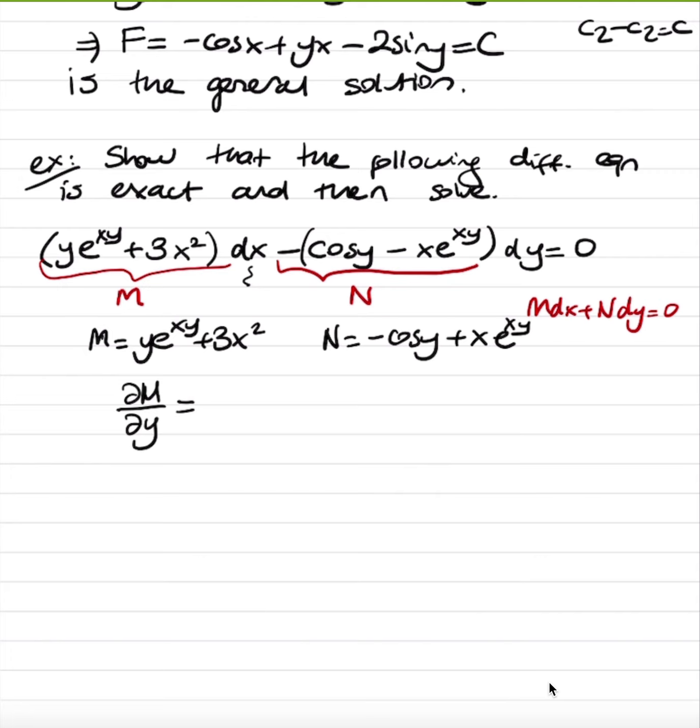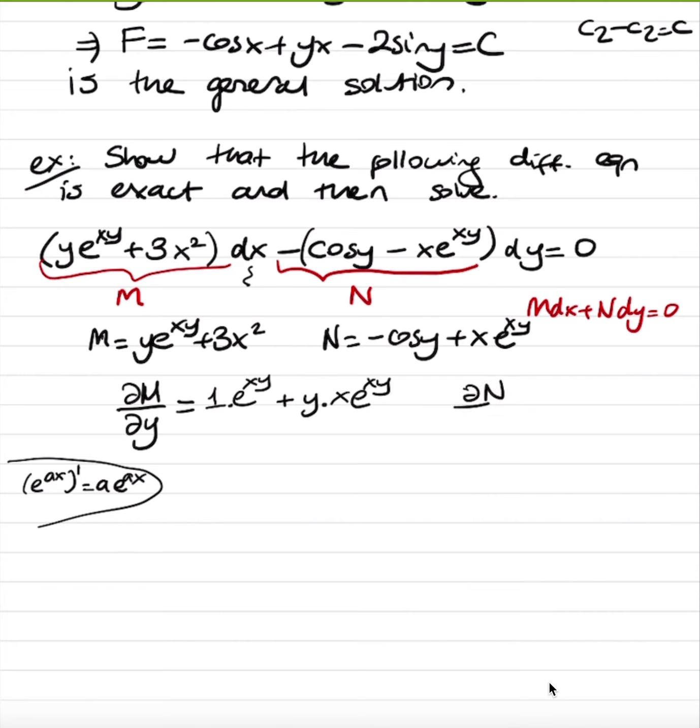What is the derivative of y times e to the power xy? Here is the product rule: 1 times e to the power xy plus y times the derivative of e to the power xy. If you recall that the derivative of e to the power ax is a times e to the power ax. Here we are taking with respect to y, so a here is x, right? So x times e to the power xy.